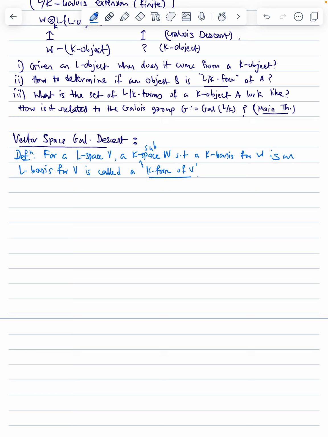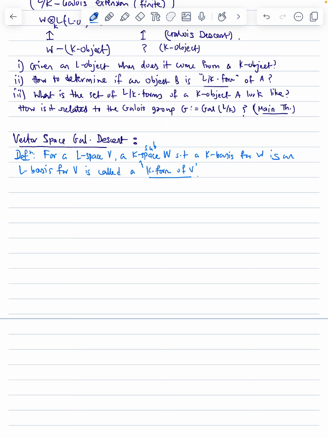If there is one such K basis that, when you view it, is an L basis for V, it's a K form.